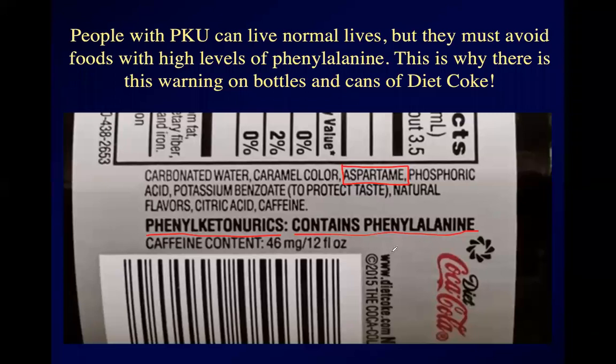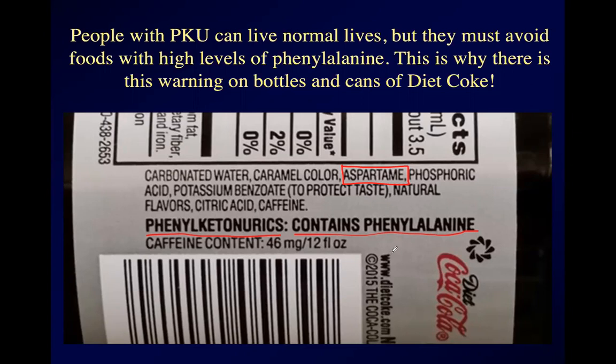Woof. And PKU is inherited as a simple Mendelian trait, right? If you have two copies of the normal allele for phenylalanine hydroxylase, your body will process phenylalanine as normal. If you have one copy of an allele for normal enzyme and one copy of the allele for defective enzyme, you'll still make enough normal enzyme that you'll be fine.